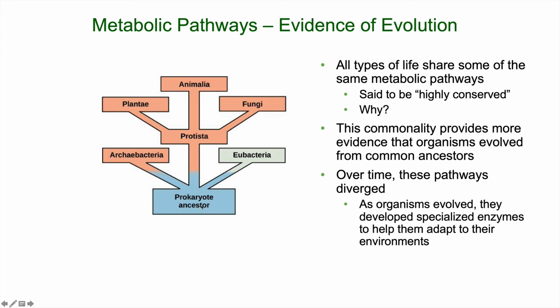And that over time, and time is a long time, right? We think the Earth is 4.5 billion years old, and that living things have been here for 3.5 billion years. That's a long time for organisms to adapt and evolve and develop specialized enzymes that help them to make the best of their environment and outcompete other organisms.